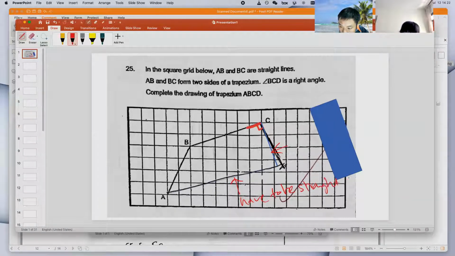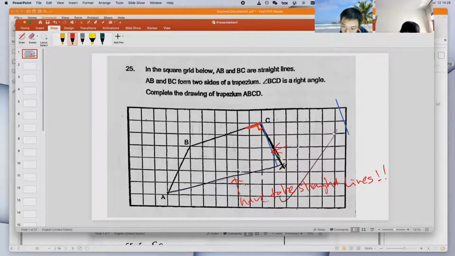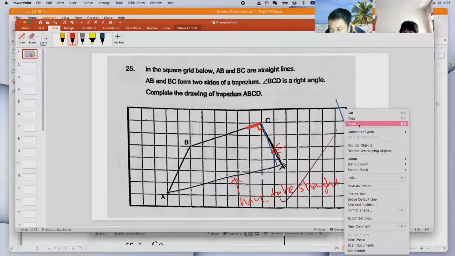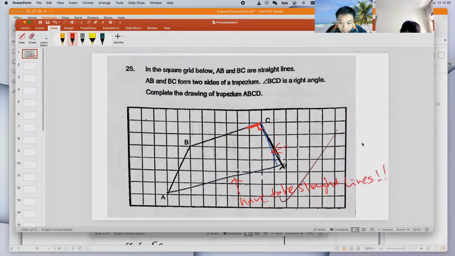It seems to me you did not use a proper ruler in this case. So that's how you can draw the trapezium, right?